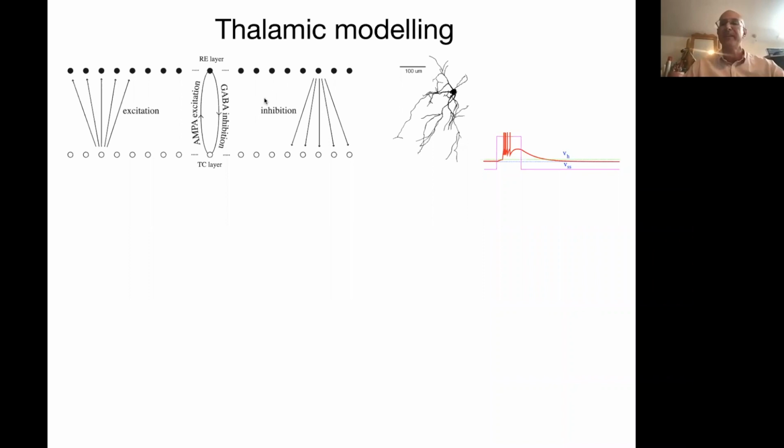Many people, I see John Rinzel's here, have studied these sorts of systems, building networks of thalamocortical cells talking to reticular cells. The thalamocortical cells can rebound burst. They relay signals to the reticular layer that send an inhibitory signal back. So we might want to think about building models of thalamocortical cells with effective inhibitory signals.